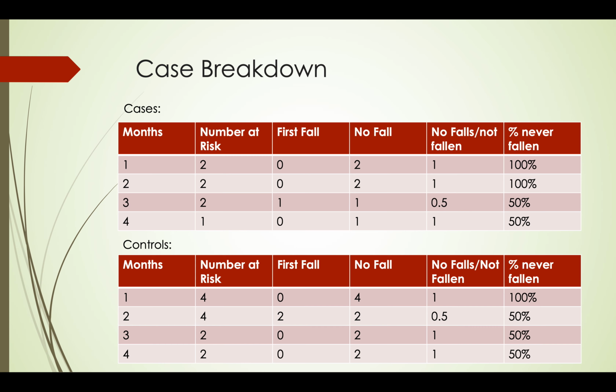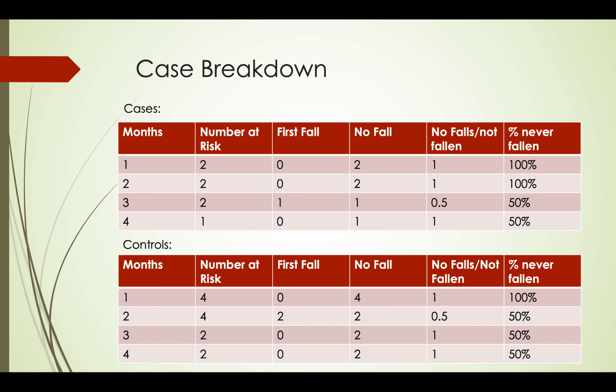Both tables go over the span of the 4 months in the study, but for the first table, we see that we only have 2 patients at risk. In the second table, we have 4. For the first table, for the first 2 months there were no falls. So in the first fall column we see the value 0, and in the no fall column the value is 2.